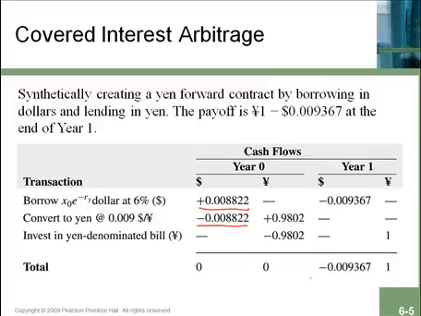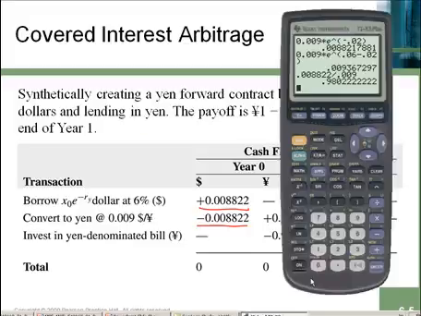Okay, well now this amount will not be put under the mattress, so to speak. It will be invested in a yen-denominated risk-free investment. And we know that the risk-free investment rate in yen is 2% in this example. So we'll take this amount, 0.9802, invest it at 2%, and how much will we end up with on the expiration date 1 year from now?